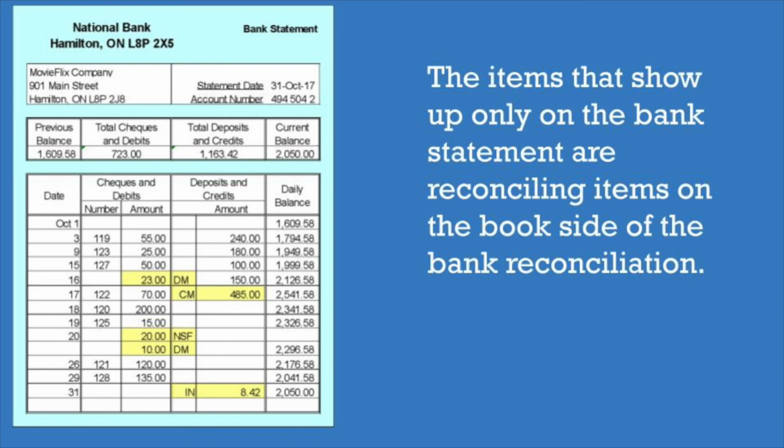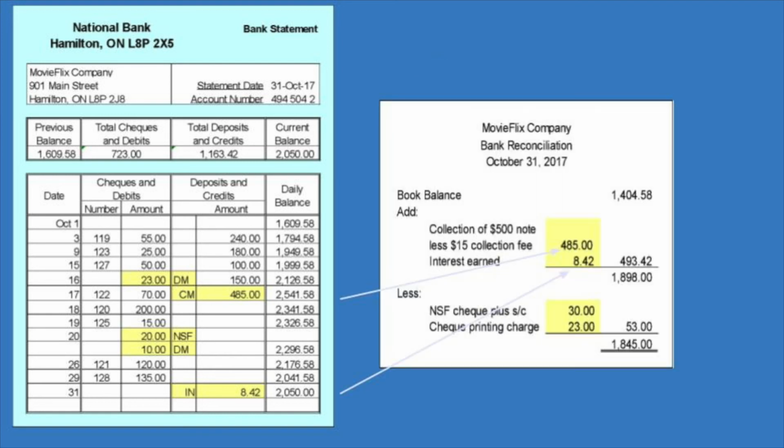of the bank reconciliation. So what's going on here? Let's take a look at it. There was $485, a collection of a $500 note less the collection fee. That actually came in, and the collection fee and interest weren't recorded, so we need to worry about that.